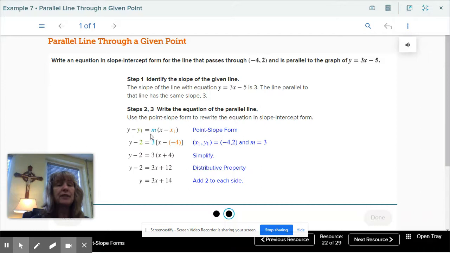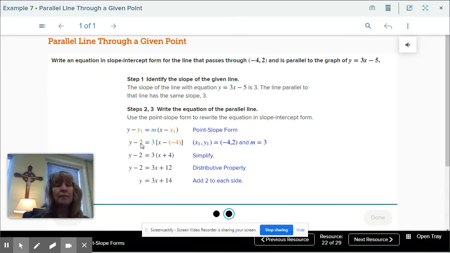Remember this equation? This is point slope form. This is what you're going to use. You know the slope is 3, you know x is -4, and you know y is 2. So now we just need a new equation with the same slope, but your y-intercept is going to change. So we just plug and play, and then it's basic algebra.